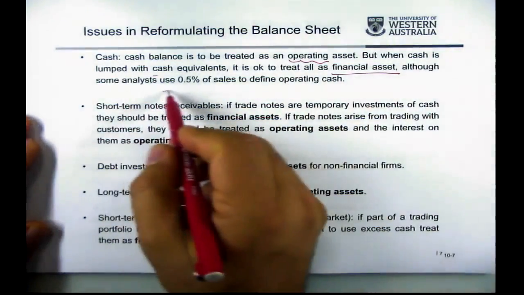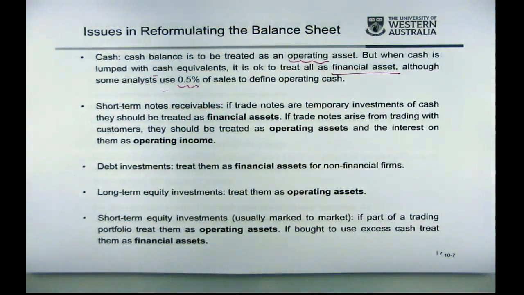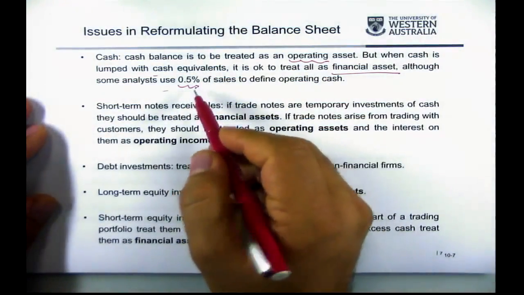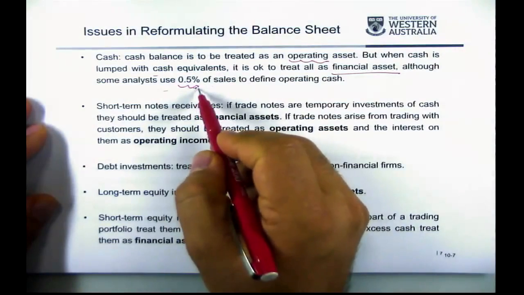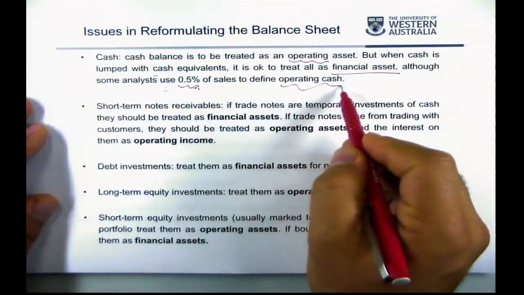Although some analysts in practice try to isolate cash from cash and cash equivalents using some rough estimation, for example 0.5% of sales. They multiply sales by 0.5%, and that amount is treated as operating cash.